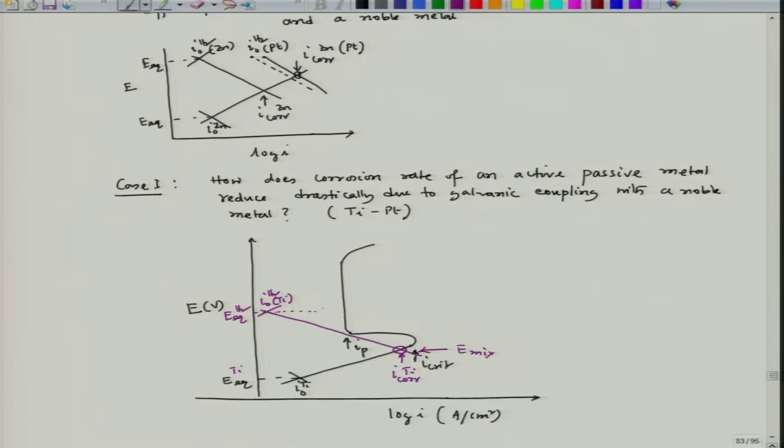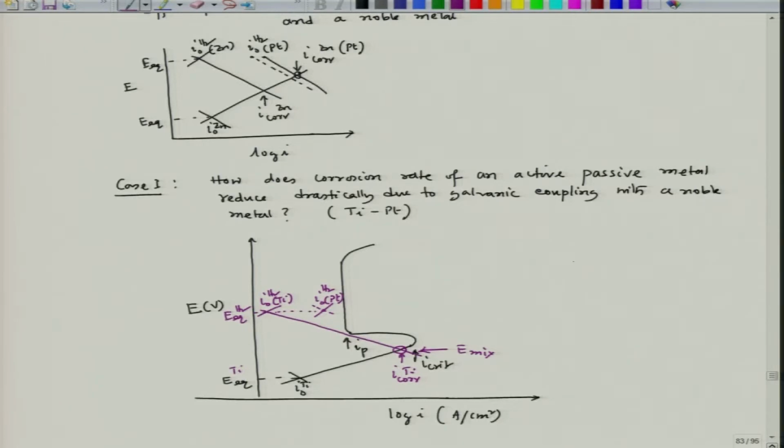Now, this is the hydrogen evolution reaction point, which is the E equilibrium. So, this is the point and this is I0 hydrogen on platinum surface, provided the platinum is there on top of titanium surface.